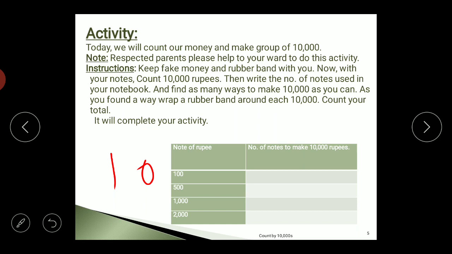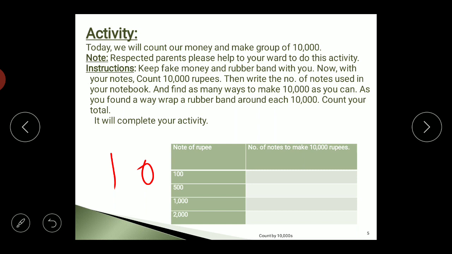In the same manner, now we have to reach 10,000. We do the first for you, then you have to do it yourself. First, how many 100 rupee notes are required to reach 10,000? By counting by 100, what is the next place after 100?